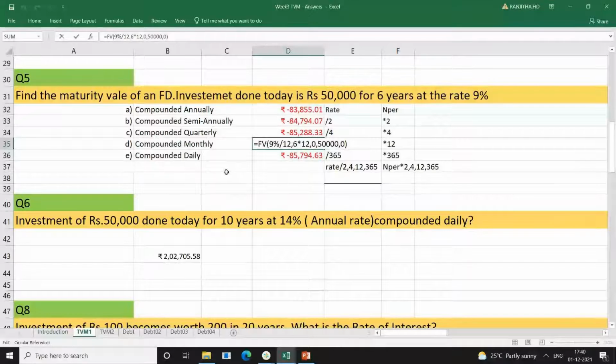The rate is given, the amount is given. So you are going to find out the month there. How many months can I do it? For months, you know the formula, no? N per. So equals N per, then you give the values.